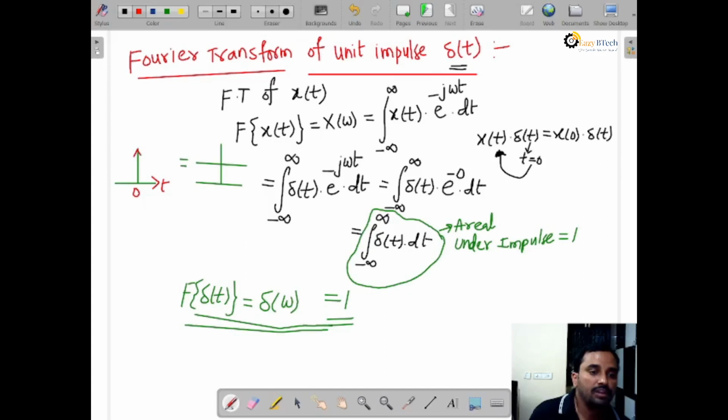So this is the del of t. After Fourier transform, del of omega, which is equal to 1. So draw a line 1, constant line 1, and here x-axis is omega. So conversion from time domain to frequency domain. Fourier transform of unit impulse is 1. That is the answer.